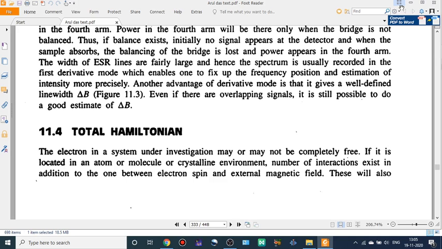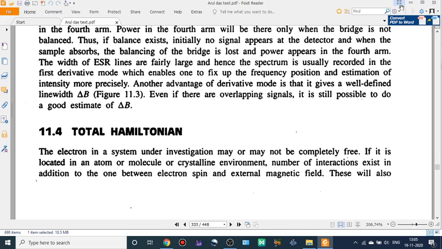That is, hyperfine structure occurs as a result of the magnetic interaction between electron spin, capital S, and nuclear spin, capital I. Interaction between S and I. Due to this hyperfine structure, the ESR signal or peak again splits into several lines.